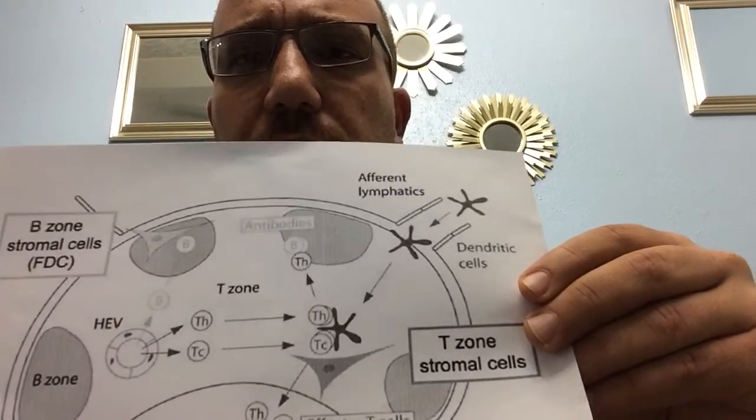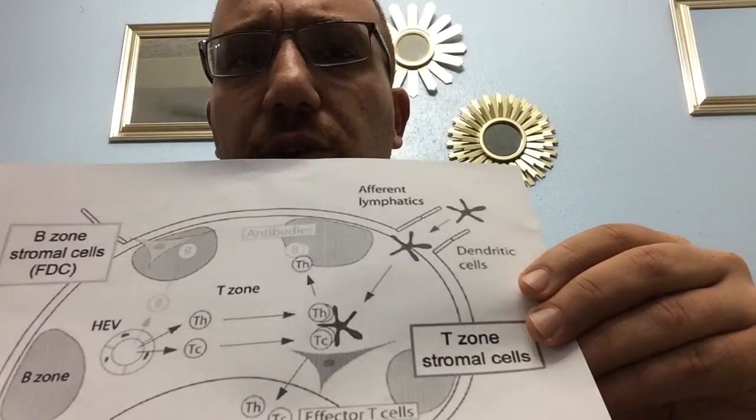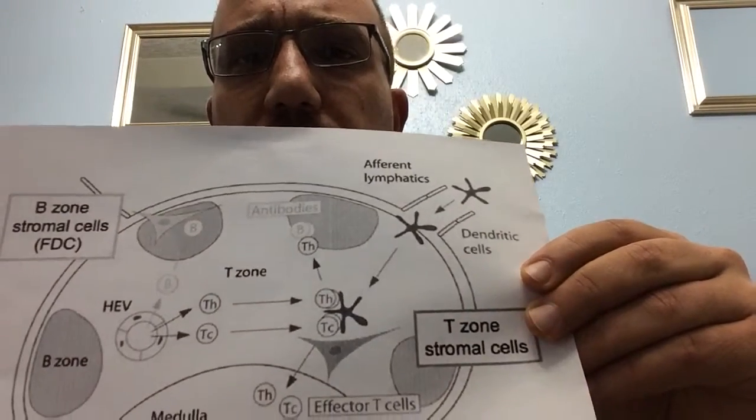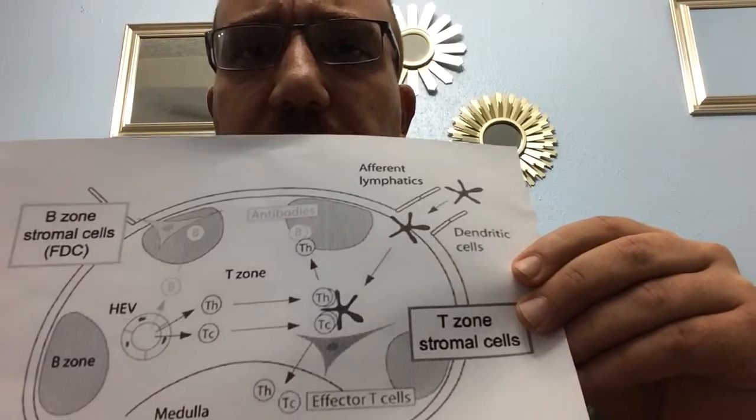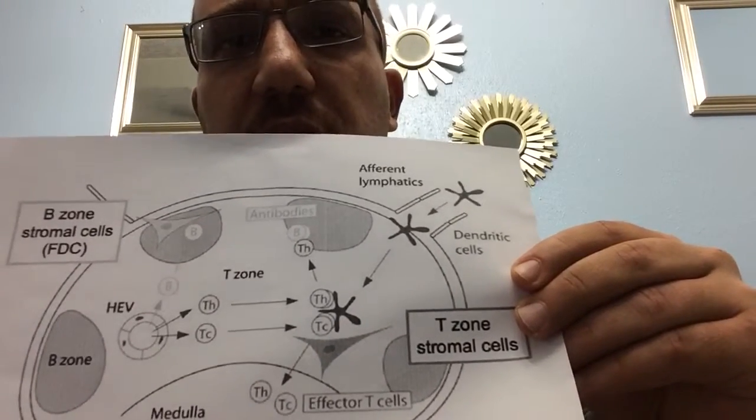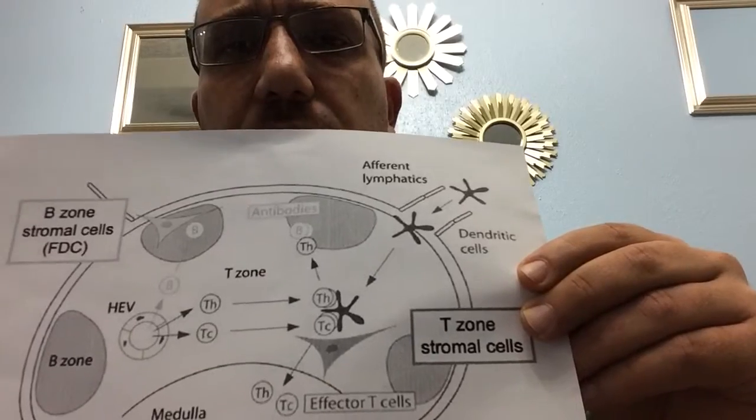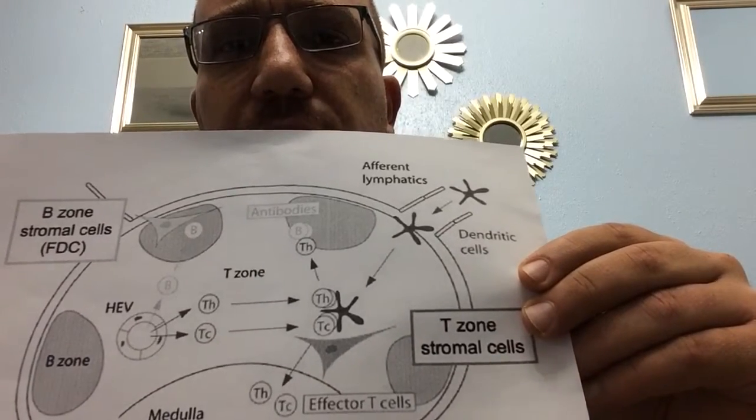T helper 2 will secrete interleukin 4, which stimulates B cell production of antibodies, especially IgE, and it will also secrete interleukin 5, which promotes the development of eosinophils.